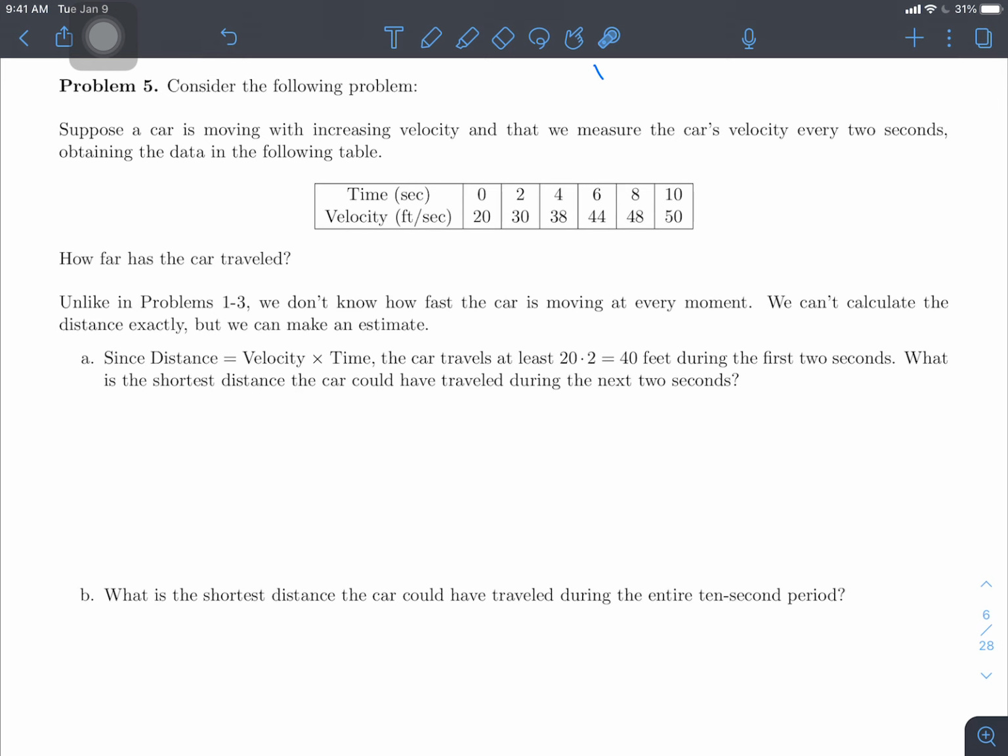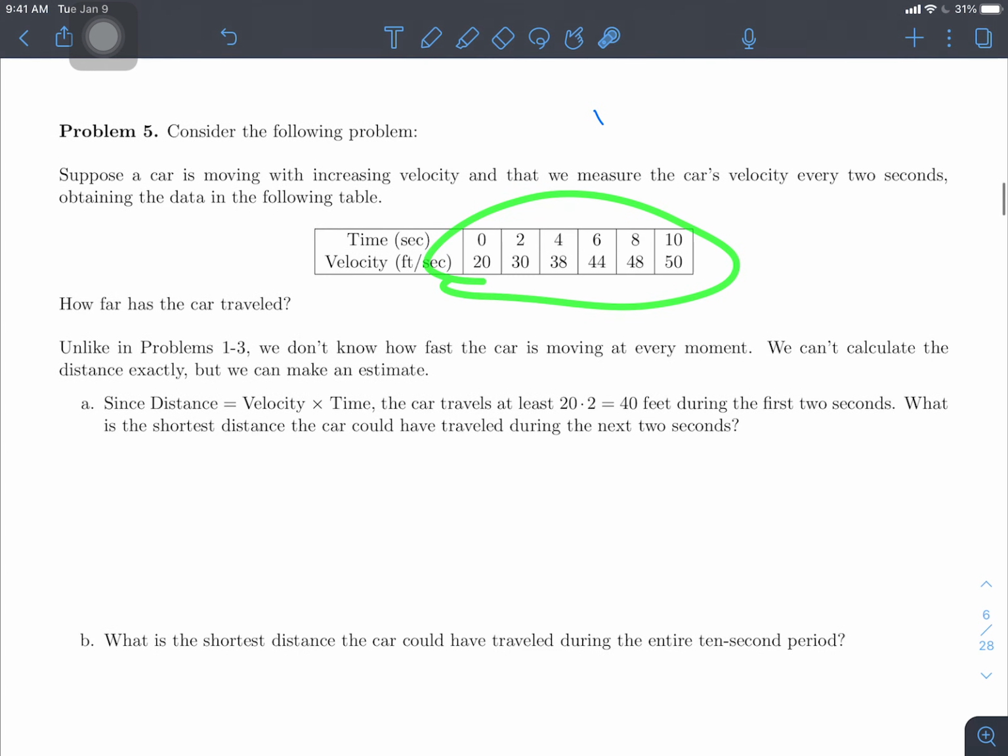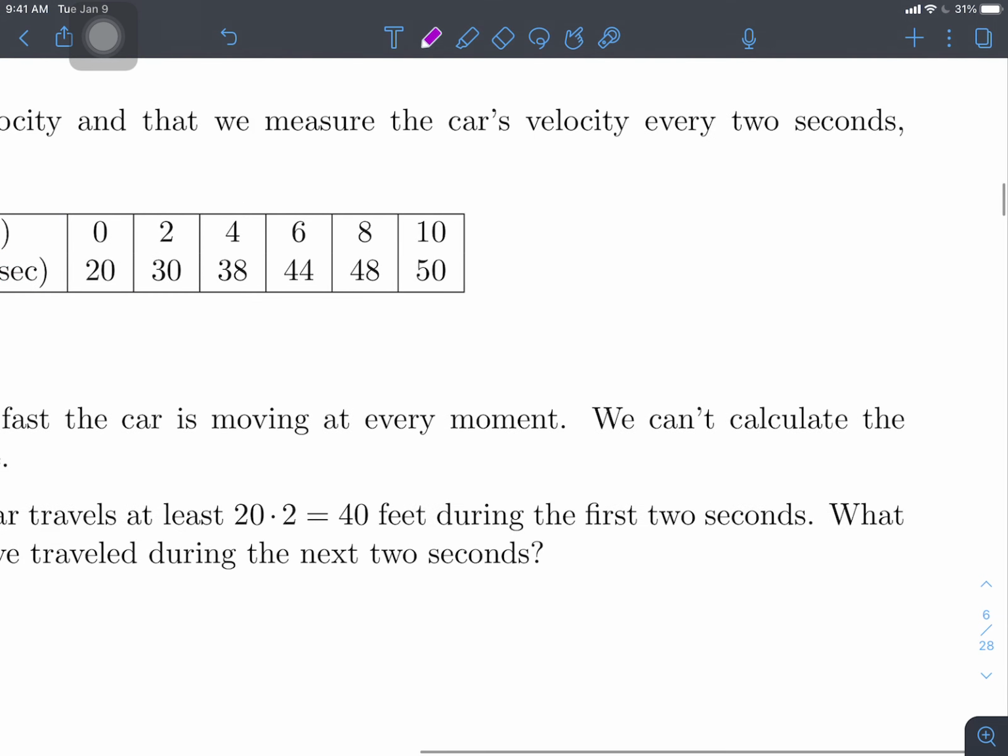So we want to ask the question, how far has the car traveled? Only we don't even have a good picture of what the graph of this thing looks like. We could draw an approximation. Let's go ahead and do that.